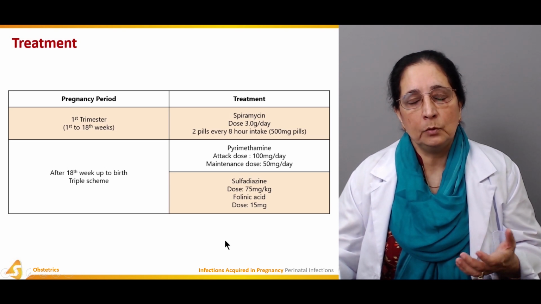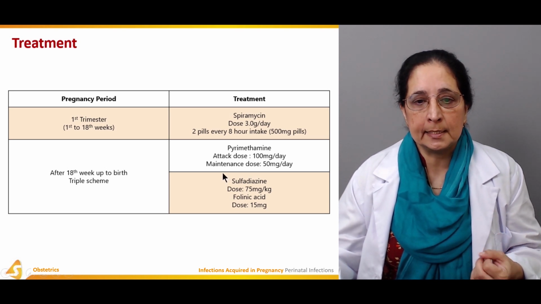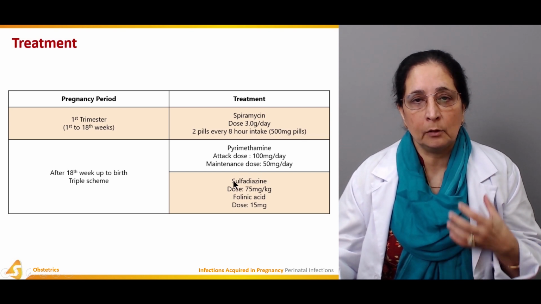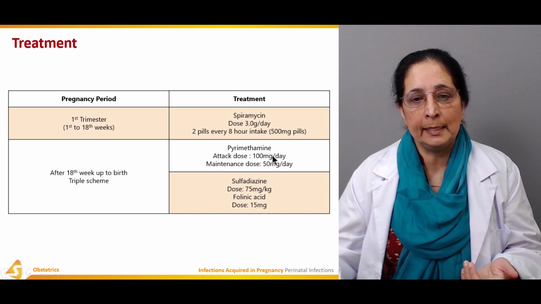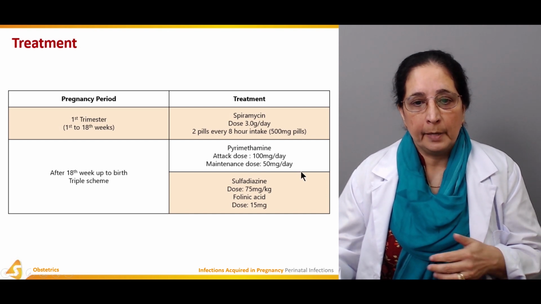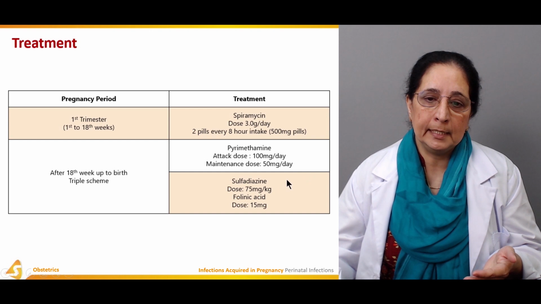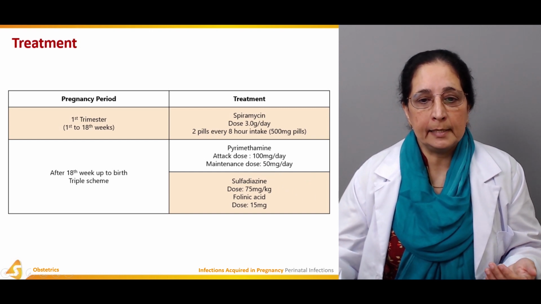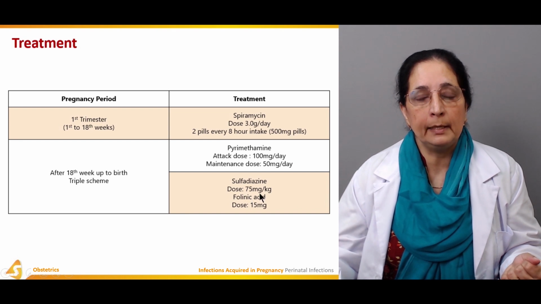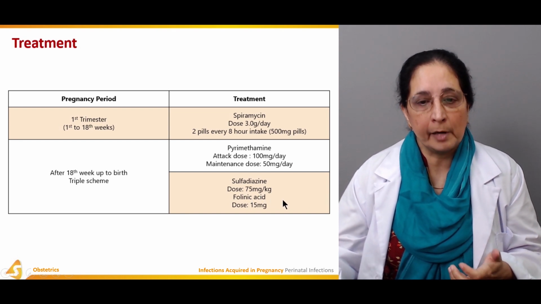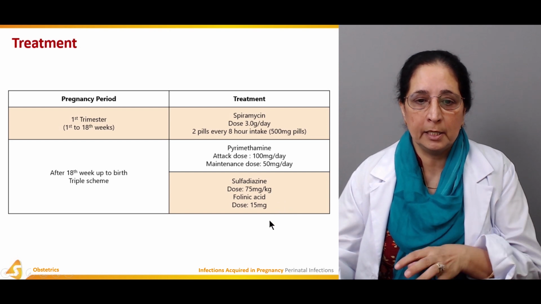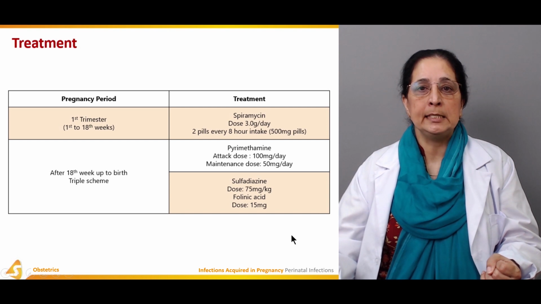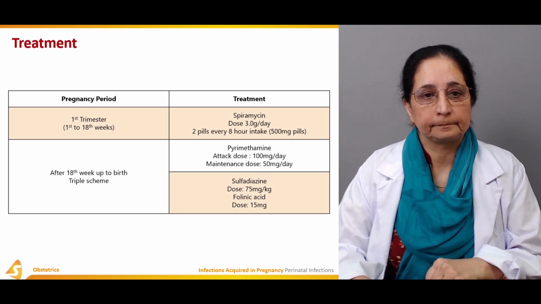The attack dose, or beginning dose, for pyrimethamine is 100 milligrams per day, but the maintenance dose after the attack dose is 50 milligrams per day. Sulfadiazine is 75 milligrams per kilogram of body weight, so it's according to body weight. And the folinic acid dose is 15 milligrams.